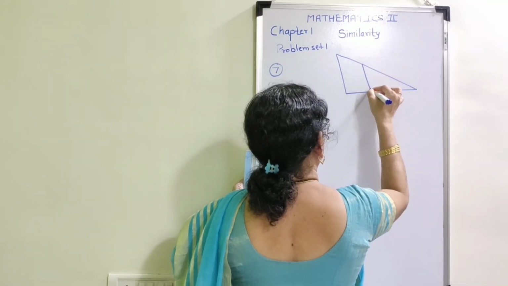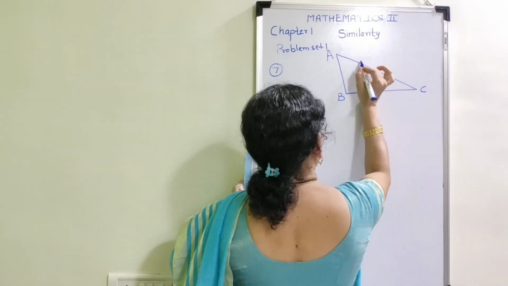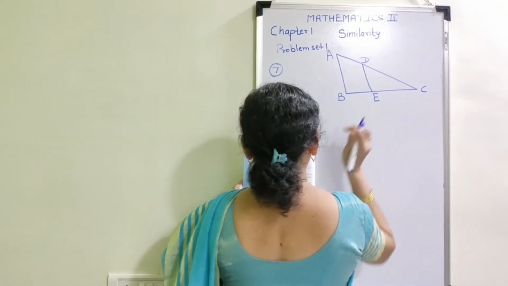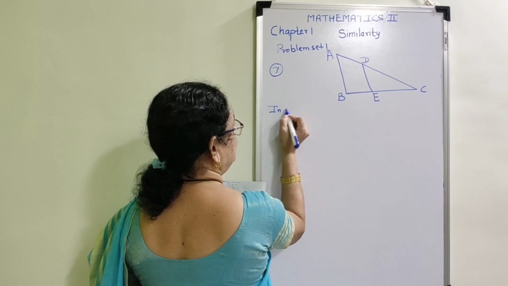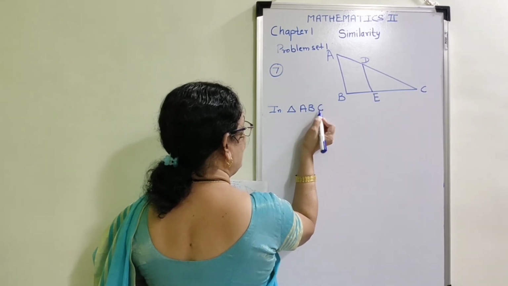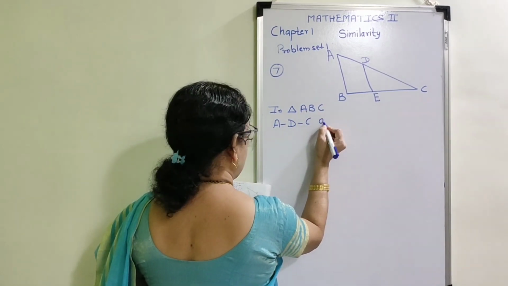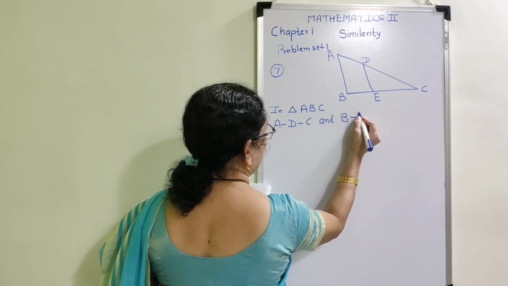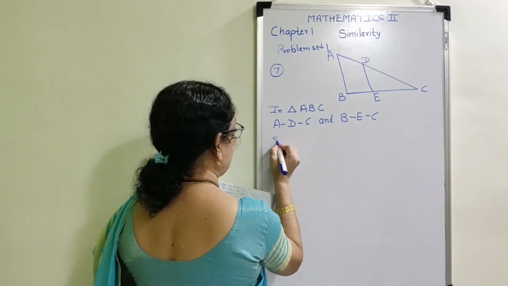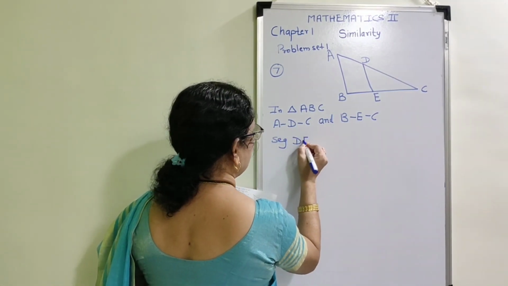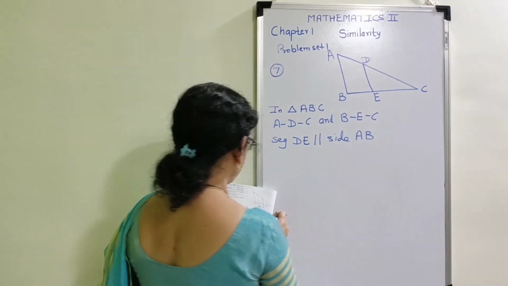Here they have given that in triangle ABC, DE is parallel to AB. Now observe the figure. In triangle ABC, first thing they have given A dash, D dash, C and B dash, E dash, C. Between this of both the sides are given, and also important thing, segment DE is parallel to side AB. Now apply.